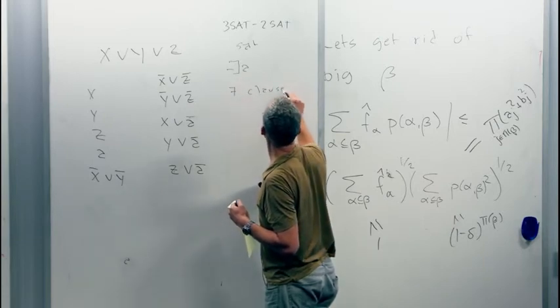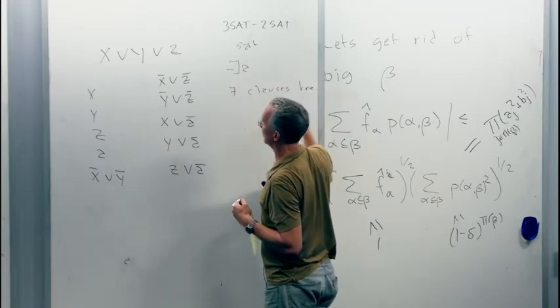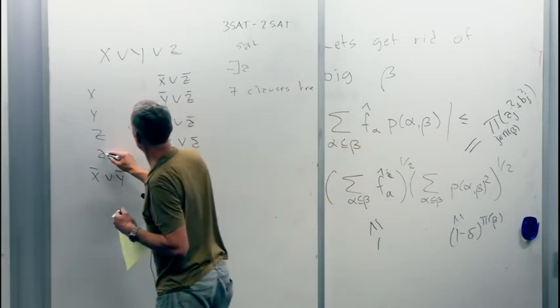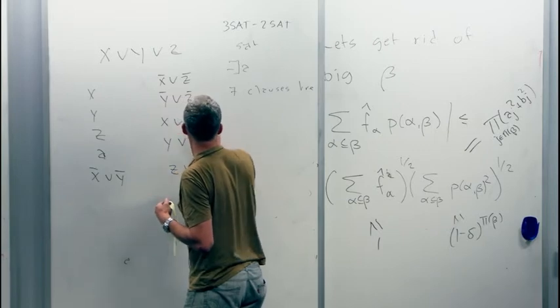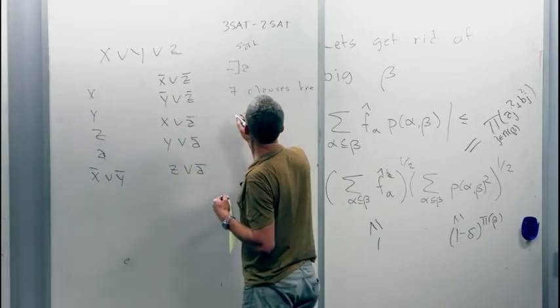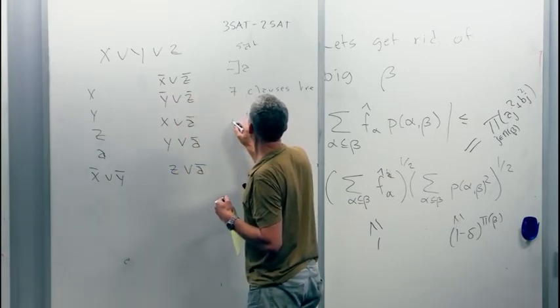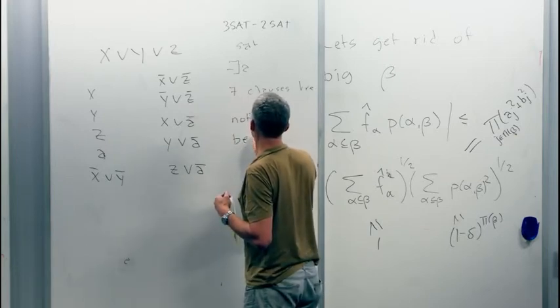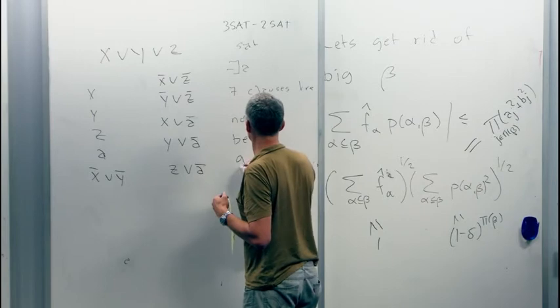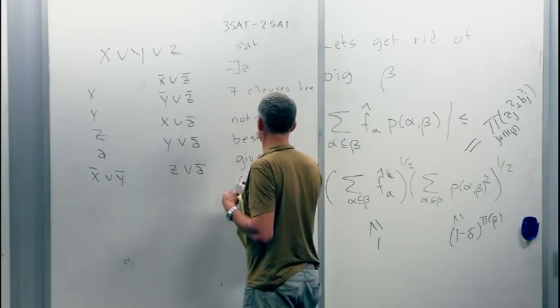What is A? Oh, A, yeah. That's an A. Sorry, yeah, this is an A. While if the clause is not satisfied, the best A gives 6 clauses.